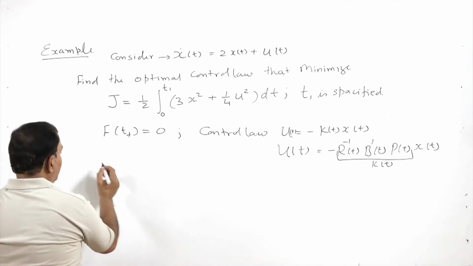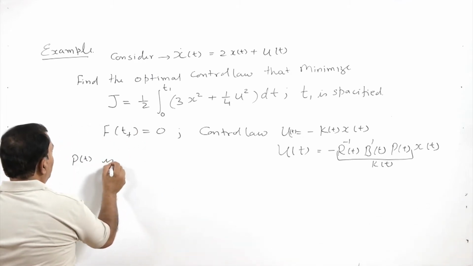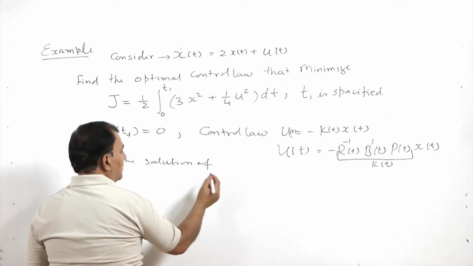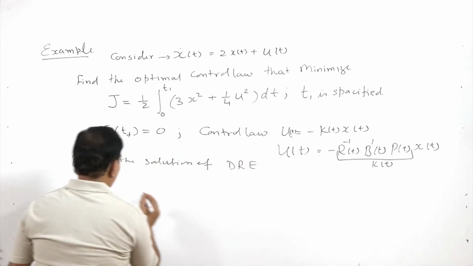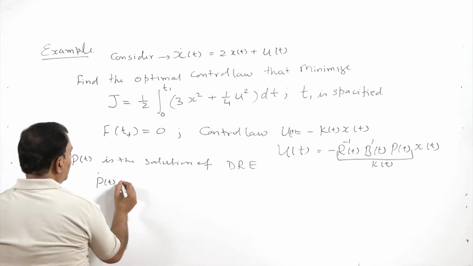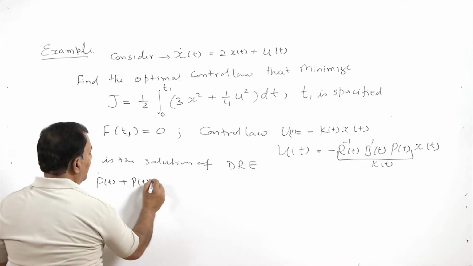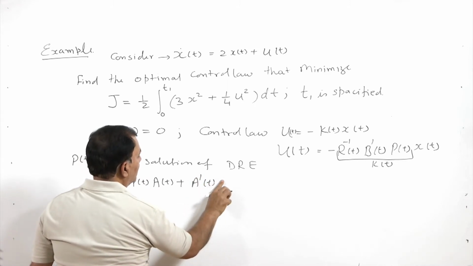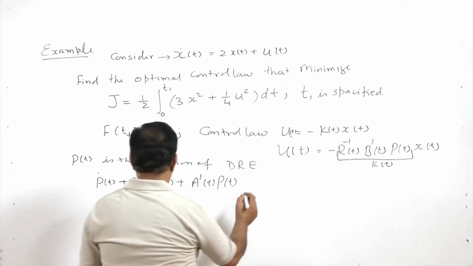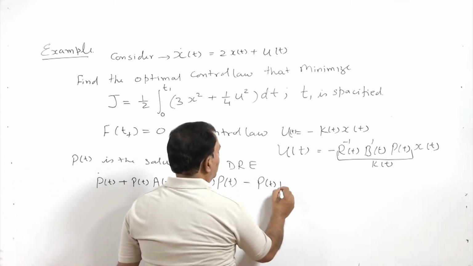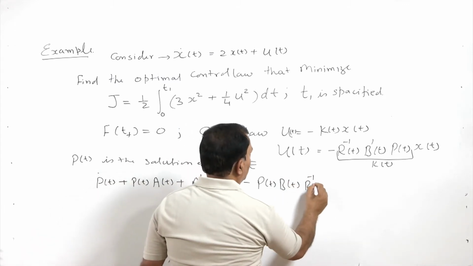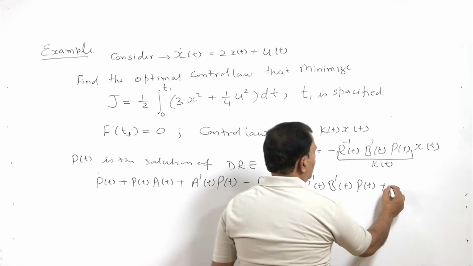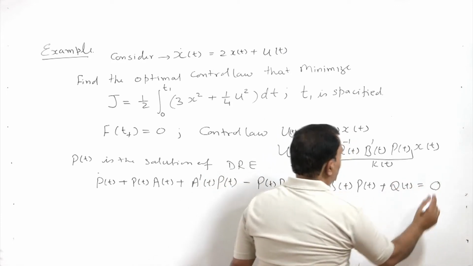So, u(t) can be determined, and P(t) is the solution of my differential Riccati equation, which is given as P dot(t) plus PA plus A transpose P minus P B R inverse B transpose P plus Q(t) equal to 0.